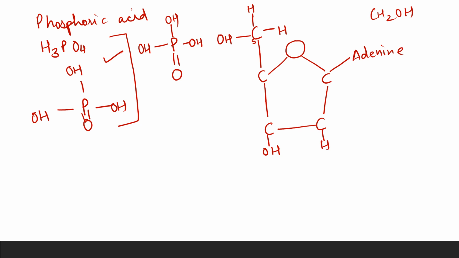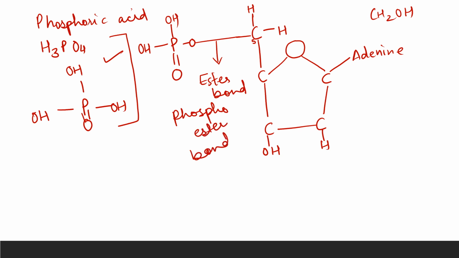So from here it is removed and only this will remain, right? And this bond is known as what? This bond is known as ester bond. And as it is a formation between a phosphoric group and C5, this bond is known as phosphoester bond, right? So you need to remember this.